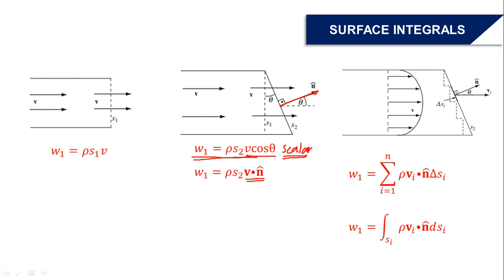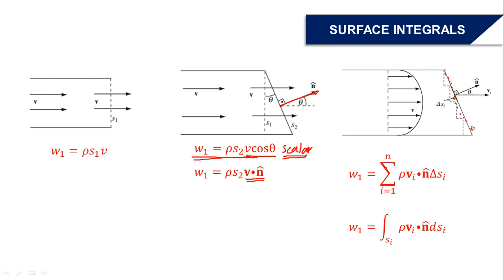To get yung ating V cosine theta. And if we want to get yung ating total na mass flow rate at any given point dito sa hose na to, isasum natin lahat yung mass flow rate na yan.